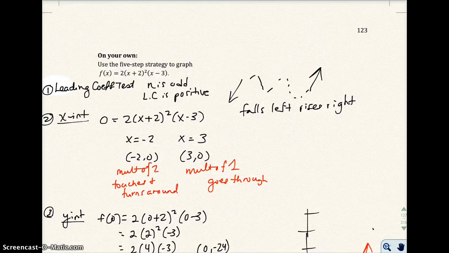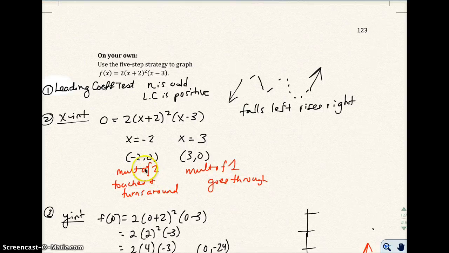Okay, so I went ahead and got started with this. I'm going to walk you through the rest of it if you did this on your own. The first thing I did was look at the leading coefficient test, basically the end behavior. And so the degree is odd because I have 2 plus 1, which is 3, which is odd. Leading coefficient positive. So it looks like it falls left and rises right. For x-intercepts, I found -2, 0 and 3, 0.